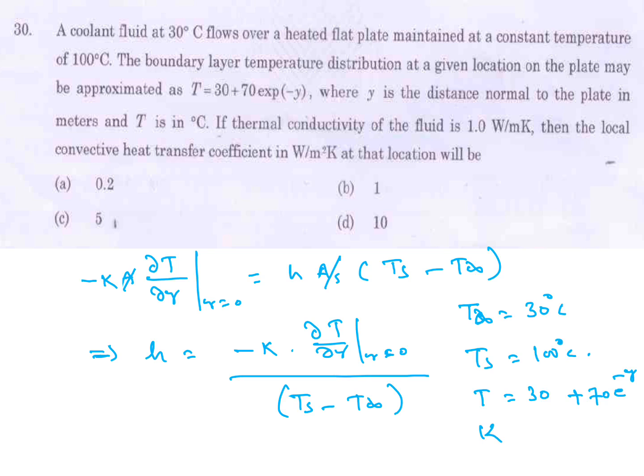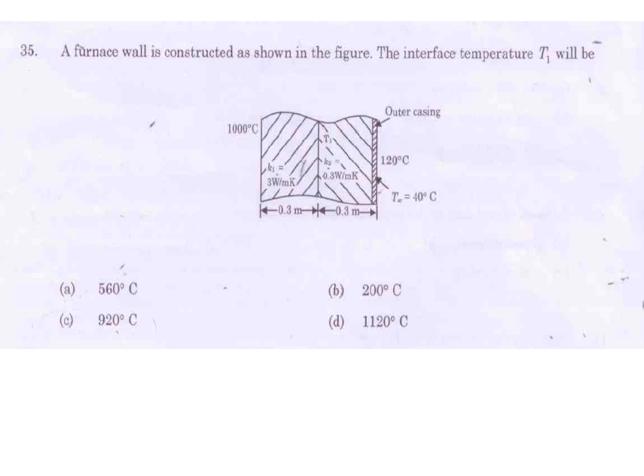K is also given, 1.0 watt per meter Kelvin. So we use these things. First we will calculate dT by dy at y equal to 0.